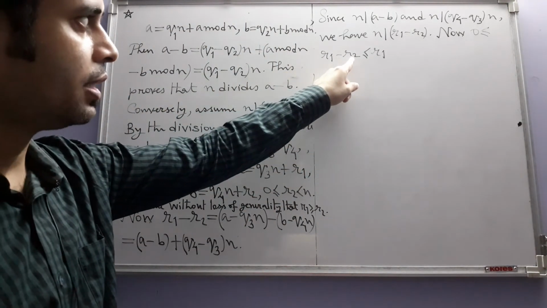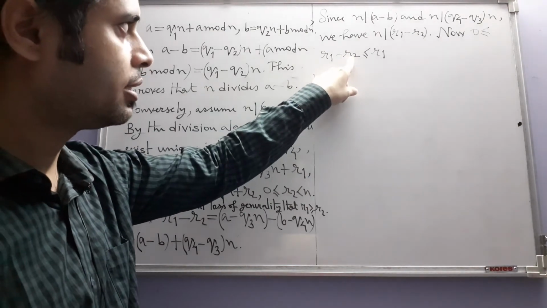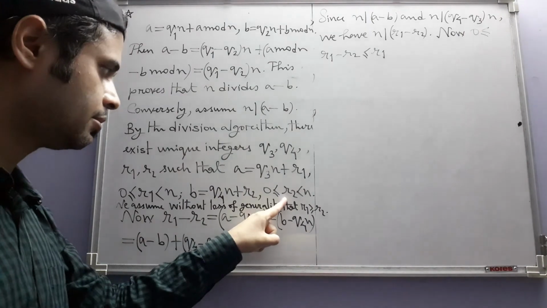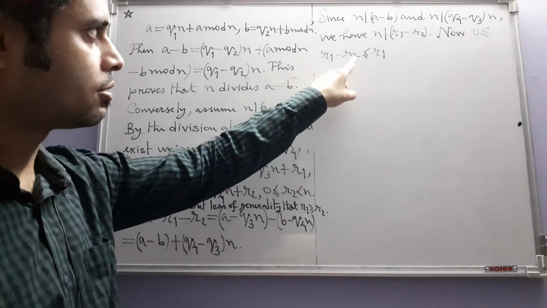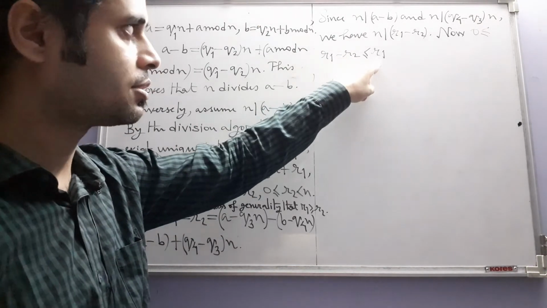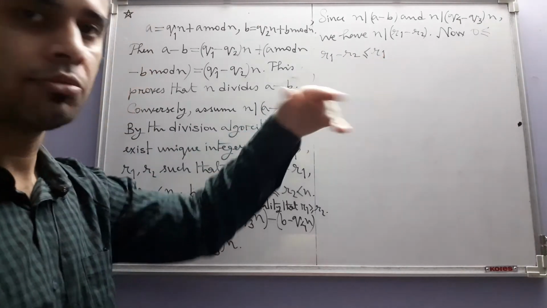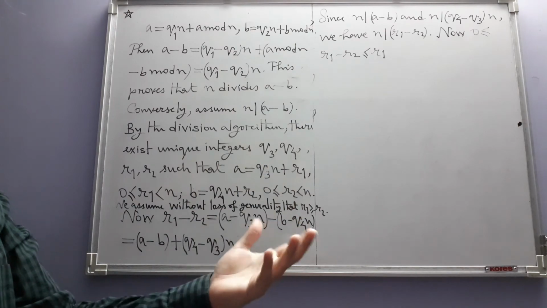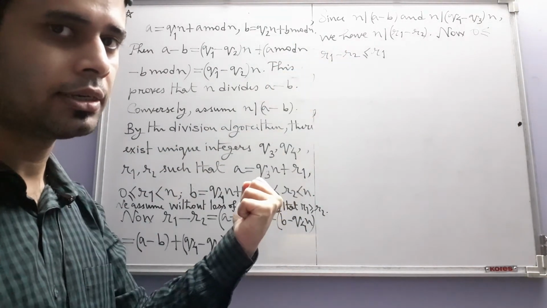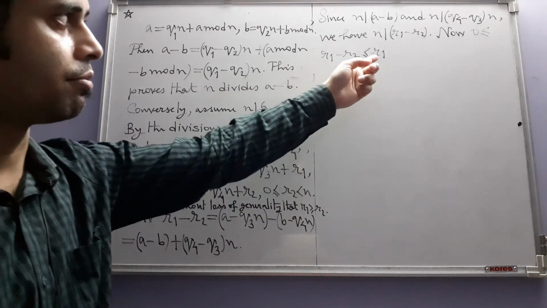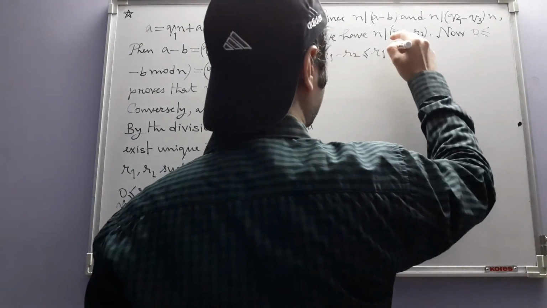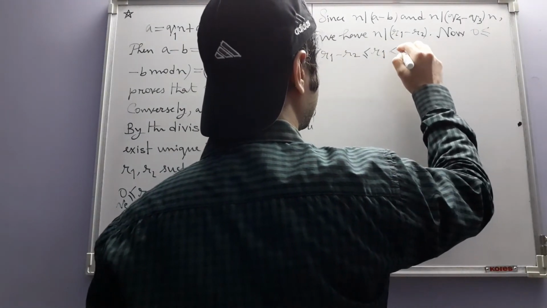Because here we have subtracted a non-negative integer r2 from r1. If r2 is 0, this difference will stay r1, or it will decrease if the value is non-zero, because r2 is then positive, so we are subtracting a positive from something, reducing its size, and this is less than n.